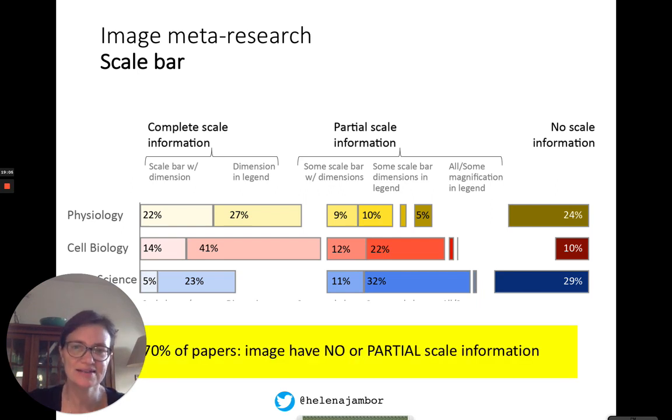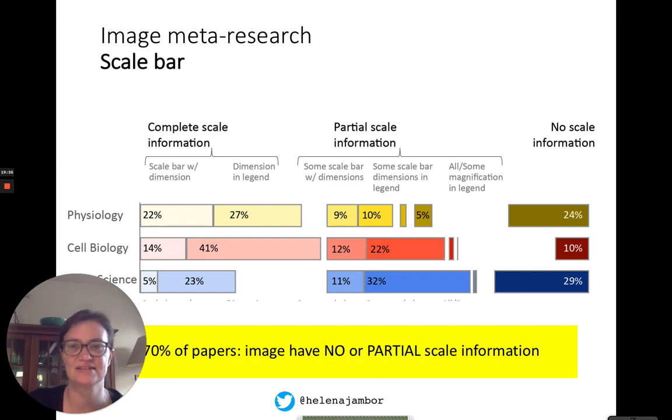So to summarize, in around 45 to 70% of the papers, the images have either no or only partial scale information. And that was a big surprise to me, actually, because I roughly thought that maybe in 10% of the cases the scale bar is missing.